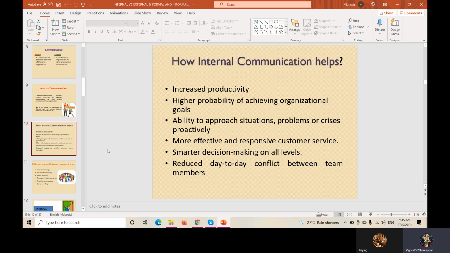As I said, it will increase productivity, because you share your information, your ideas and thoughts with everybody within the same organization, so everybody can get your information very fast. And they also pass all their information, thoughts and messages to you, so you also receive them as soon as possible.